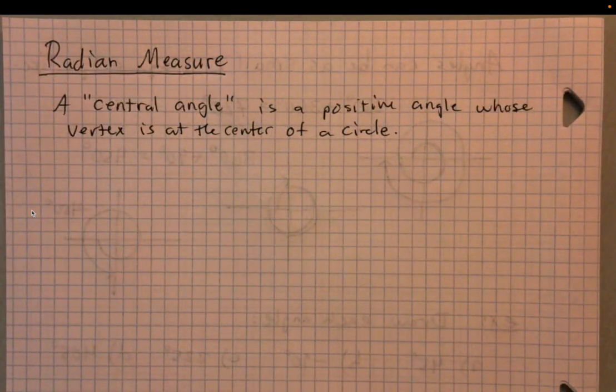All right, and so the rays of a central angle are going to intersect the arc of the circle, right? So if the central angle is at the center of a circle, then any rays that extend from the center are going to intersect an arc.